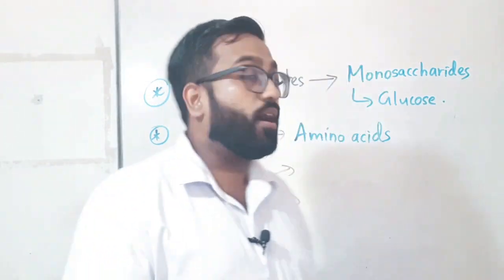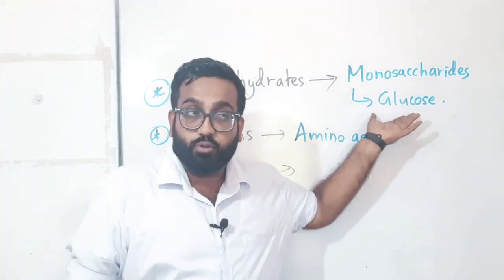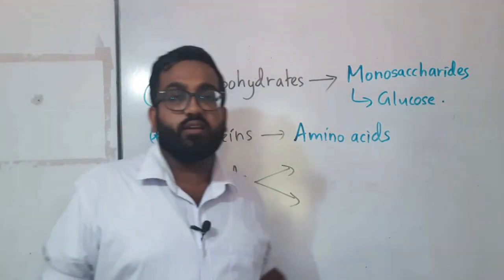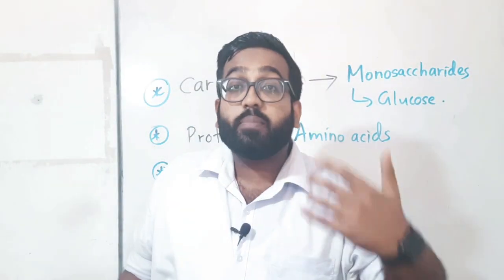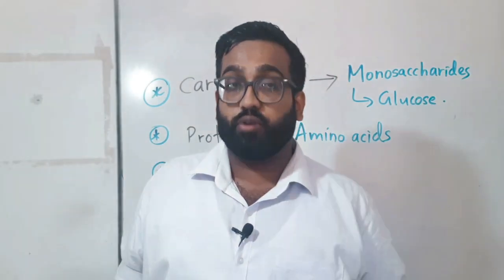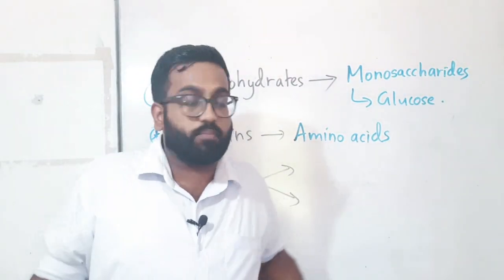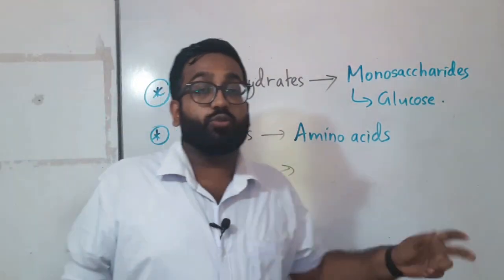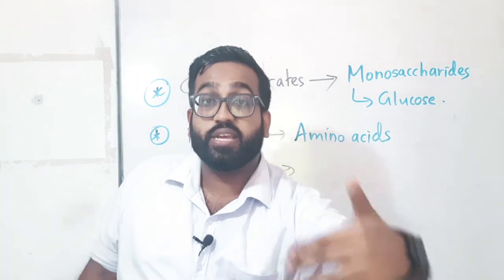Actually, carbohydrates have only one building unit, monosaccharide or glucose. Proteins, only one, amino acids. But can we identify only one building unit of lipids? No, there are two building units. So once it is absorbed inside our digestive system, it is converted to two final building units as it is digested.